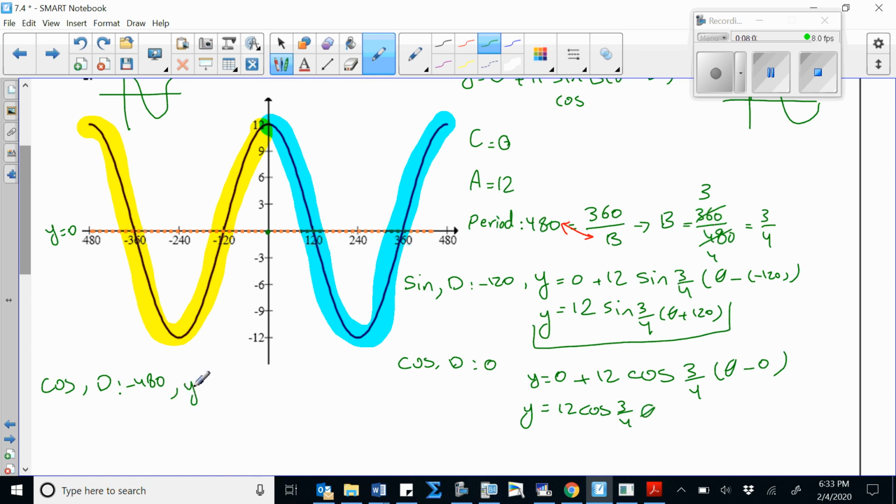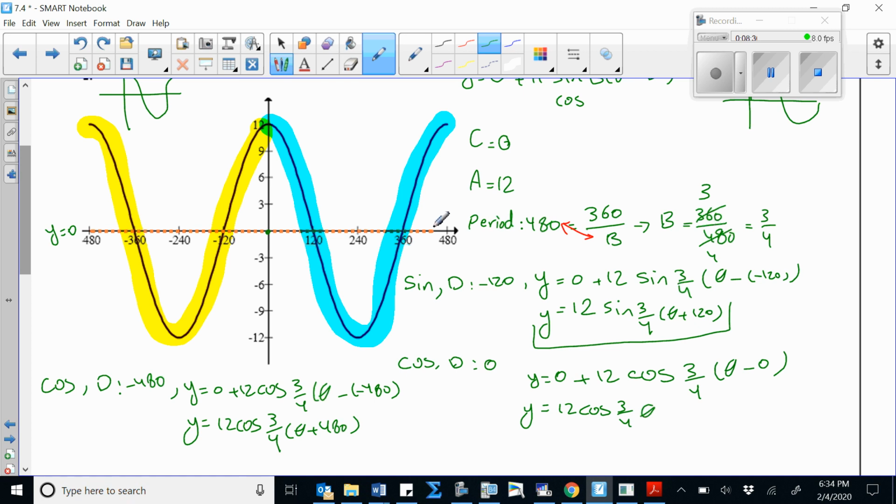The function will look like 0 plus 12 cosine of 3 over 4 theta minus negative 480. So it will be 12 cosine of 3 over 4 theta plus 480.